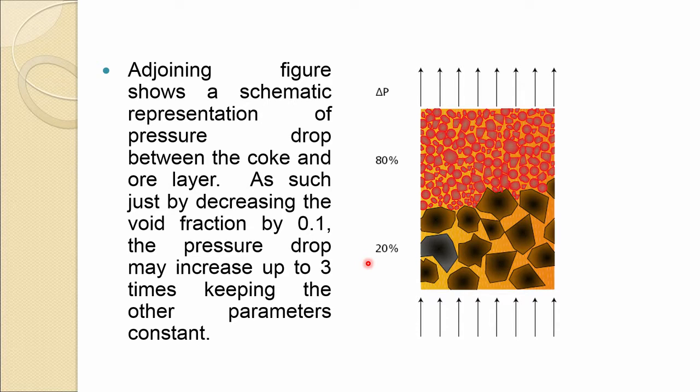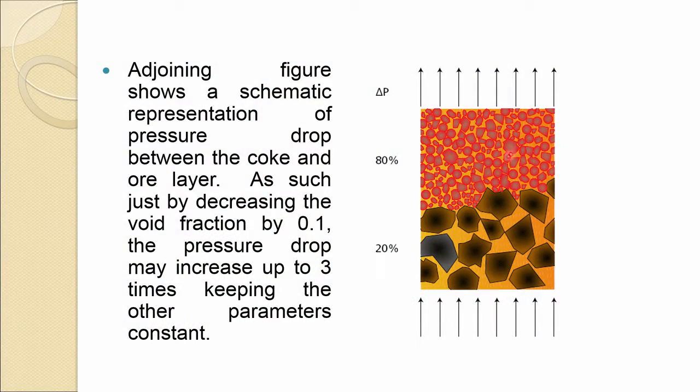So, essentially one would expect a very high pressure drop in the smaller size particle than the larger one. The black one is representing coke and this one the iron bearing material, sinter or pellets or even the ore, and the pressure drop in that section is almost 3 to 4 times higher than this.